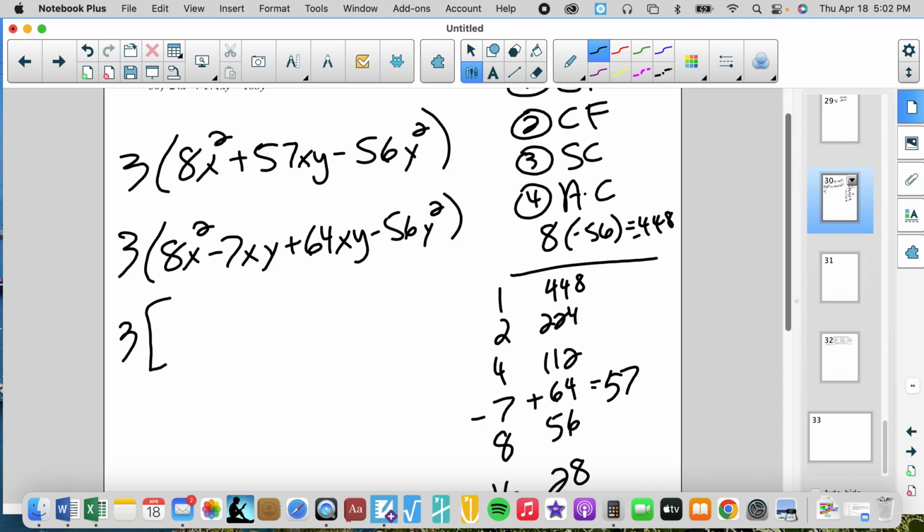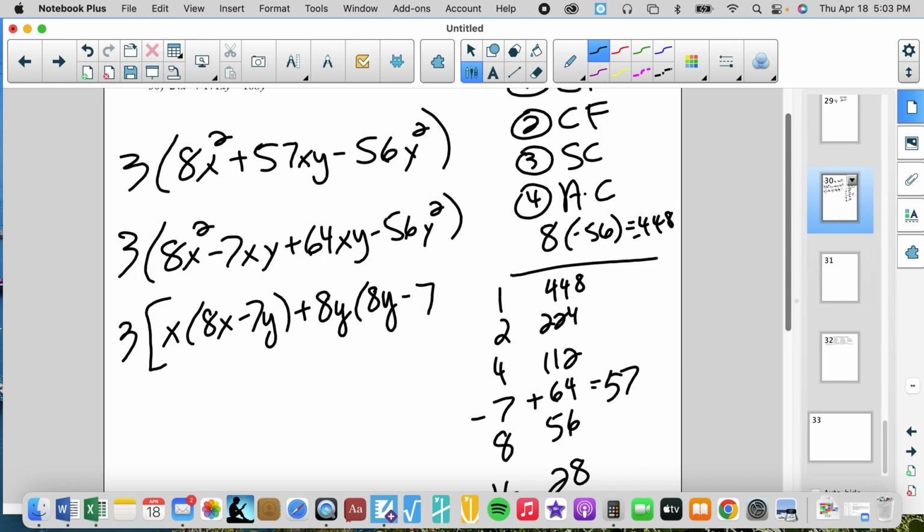What's that going to be? That's going to be 8y, and that is going to be 8y minus... Wow, my brain. 7.